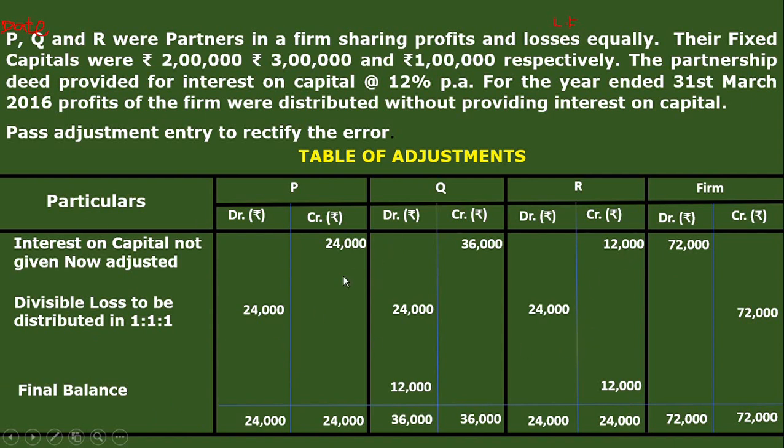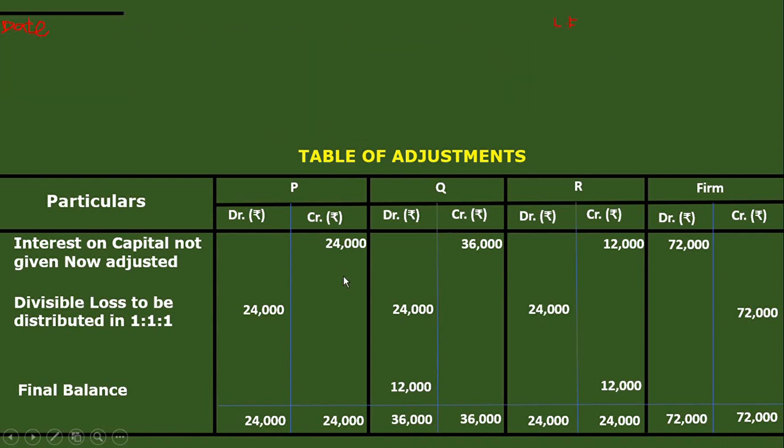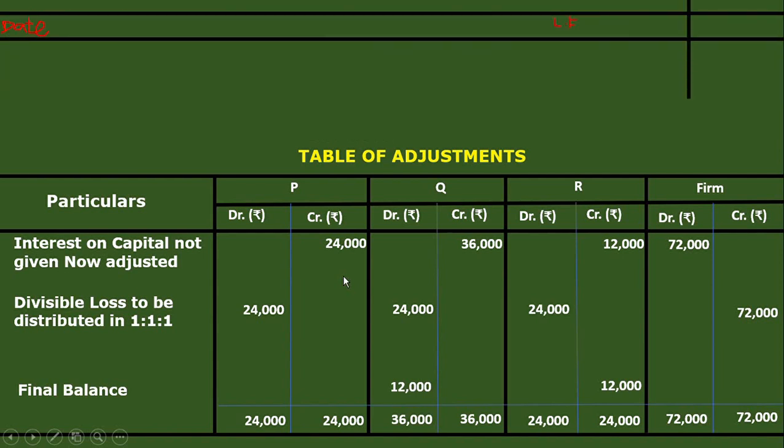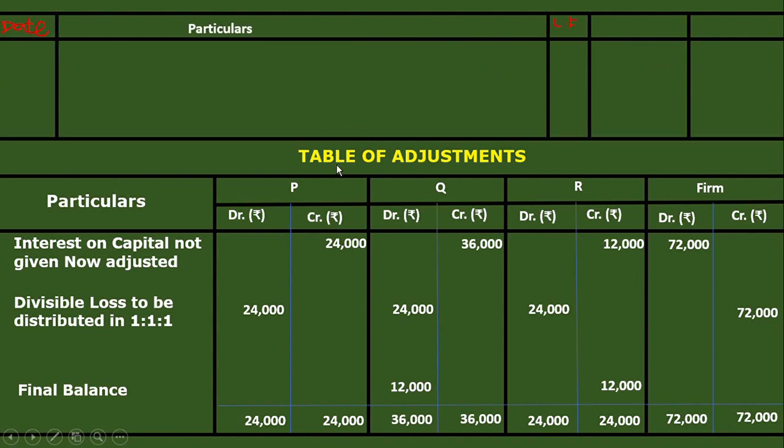Now we have to make the journal entry. See, in this format, all things are ready. One thing is missing again: please don't forget to write here amount and below it rupees. Please here also rupees.